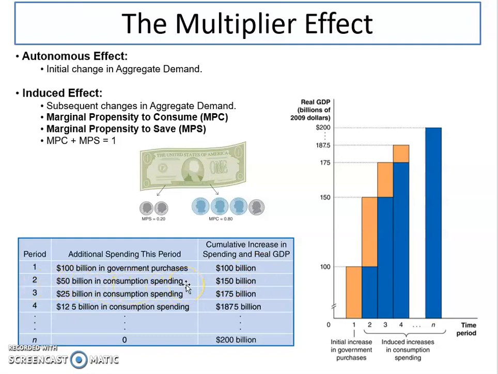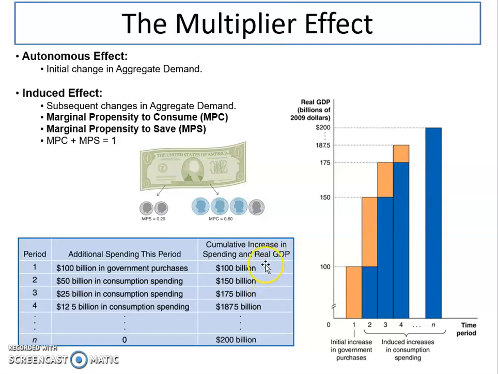So if $100 billion in new spending and real GDP is created in period 1, then that means $100 billion in income flowed to households. Remember, real GDP and income are the same thing. If $100 billion in period 1 flowed to households and they consume half of it, then there's $50 billion in consumption spending in period 2, leading us by the end of period 2 to $150 billion in cumulative spending and real GDP increases.